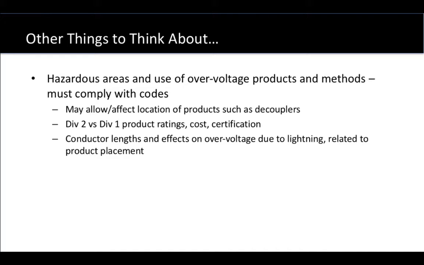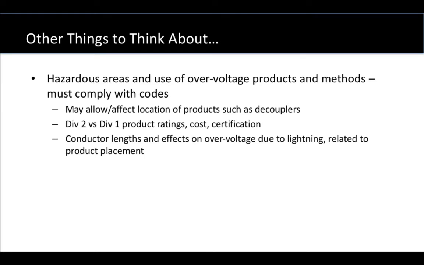The issues are that an appropriate product must be rated and chosen and installed to match the classification of that site. So if you need to protect an insulated joint, it might be classified as a Div 2 site. You would use a Div 2 rated product, and that's a certified product for that installation. What you would not want to do is have a classified Div 1 site, but not want to purchase a Div 1 product and instead say, I'll just buy a Div 2 device and I'll move it outside of the Div 1 area and connect it all with longer leads.